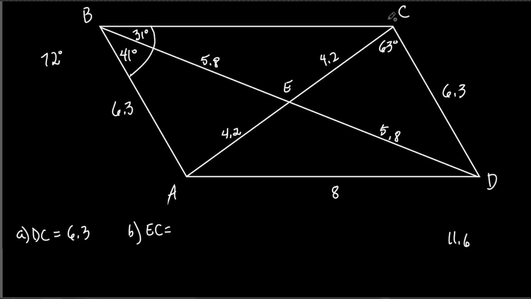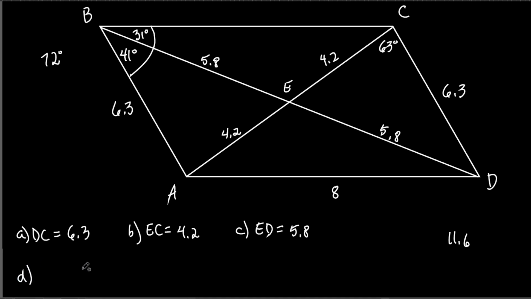If they asked for AC, then you would have doubled it. Everybody see that? All right, so EC is 4.2. Next is ED, the length of ED. Oh, we already found it, because we already took half of that 11.6. So we got that.